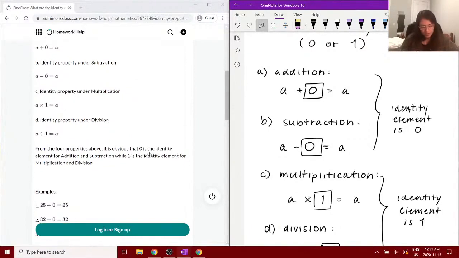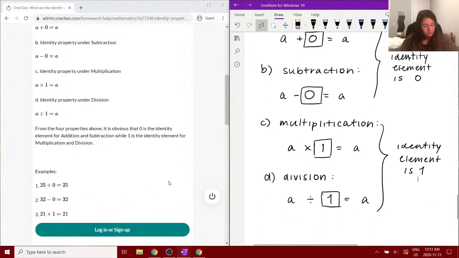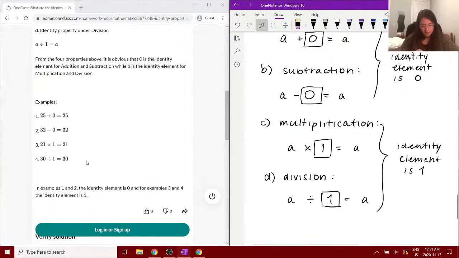If we have subtraction, applying this to any number, we have 32 minus 0 is equal to 32. For multiplication, multiply by 1, you get the same thing back. 21 times 1 is equal to 21. And finally, for division, 30 divided by 1 is 30. You apply this here. Okay?